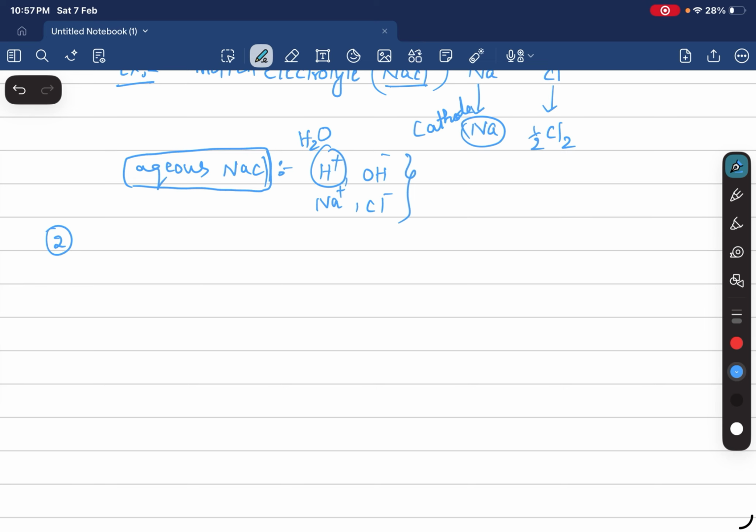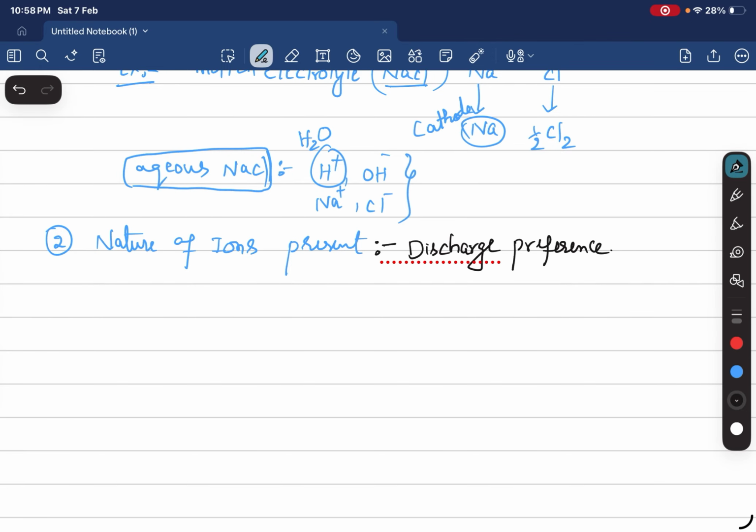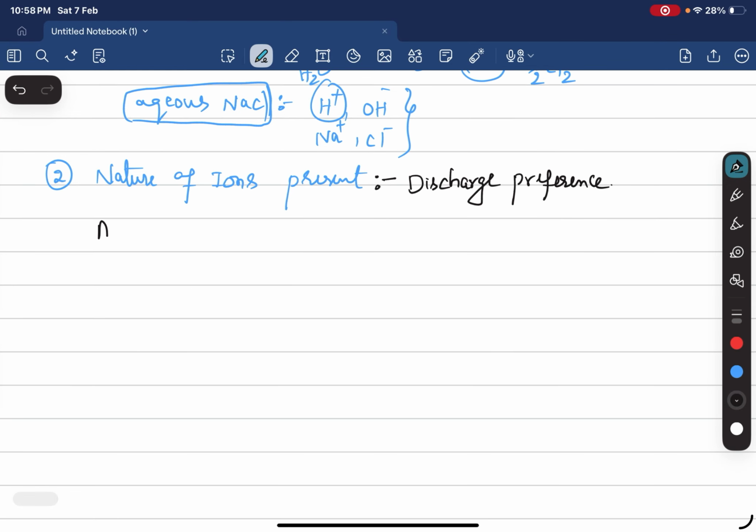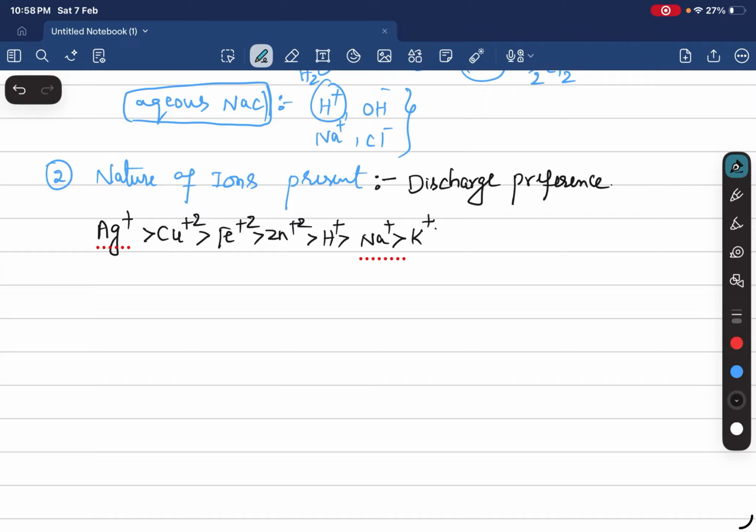Coming to nature of ions present in the solution, which is also nothing but discharge preference. For positive or metal ions, the order is: Ag+, Cu2+, Fe2+, Zn2+, H+. The less reactive the ion, the more readily it discharges.